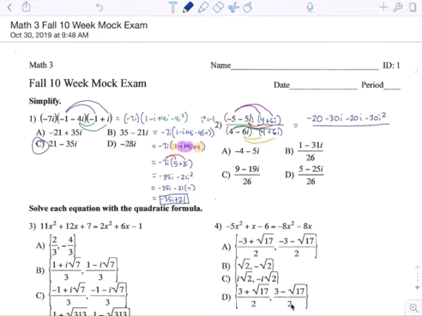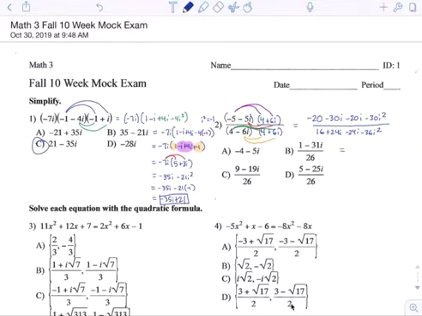All over, now look at your green pathway. 4 times 4 is going to give you 16, and 4 times 6i is going to give you +24i. Now we're on the orange pathway. -6i times 4 is -24i, and -6i times 6i is -36i squared.